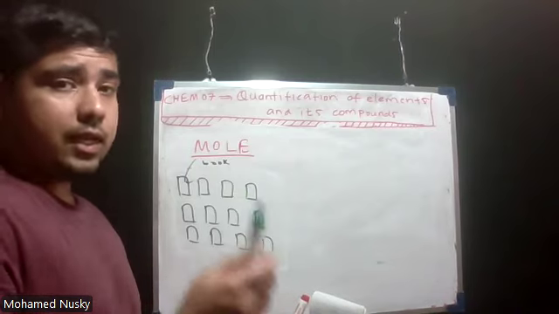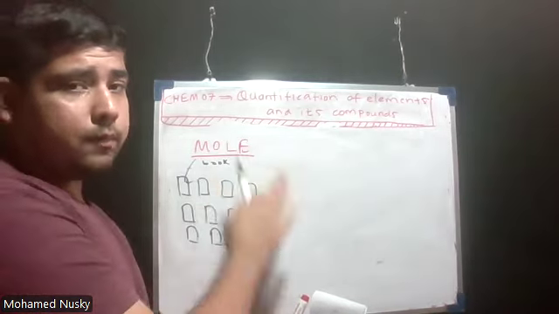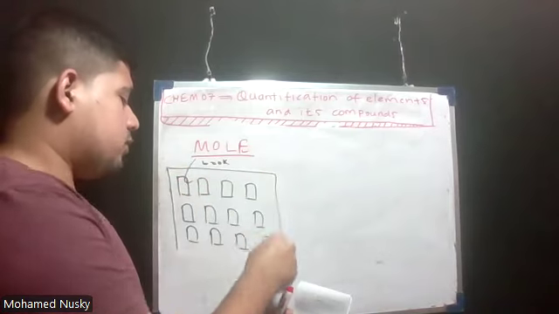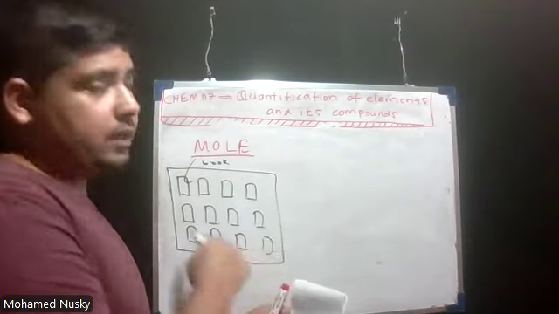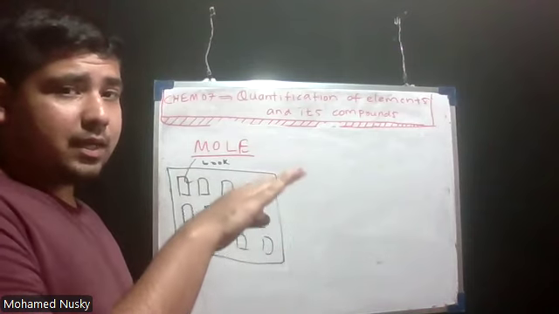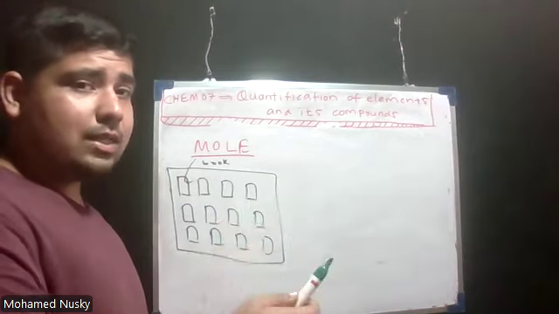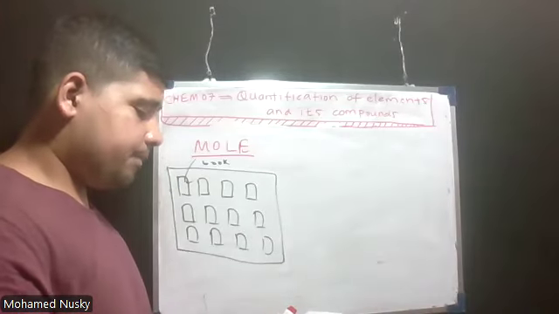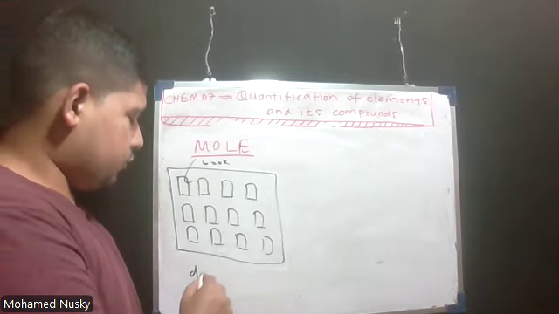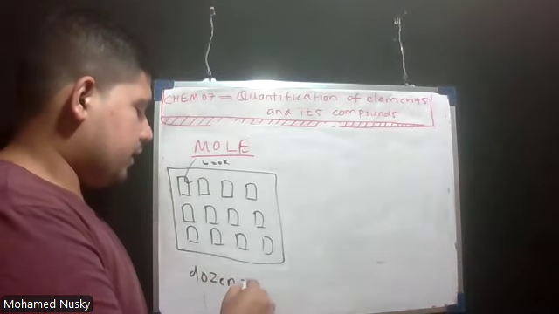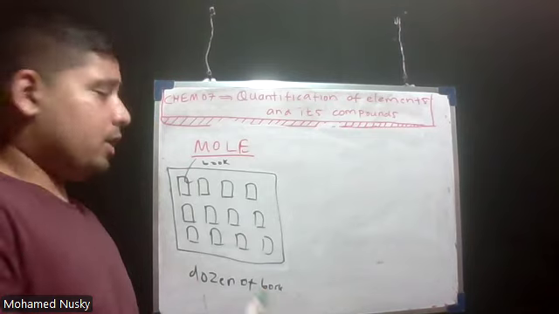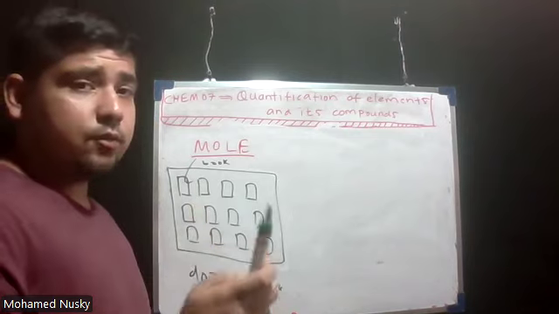There is a name given to this set of 12 books. If I take all these 12 and pack them in a box, then what is the name that I can give to that box? I can give the name dozen of books, right? If there is one book, then I can say one book.